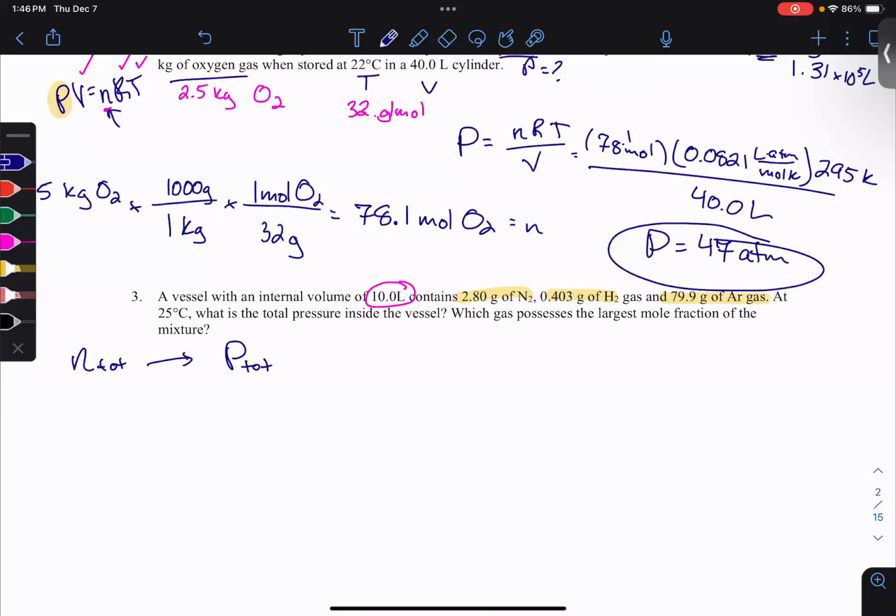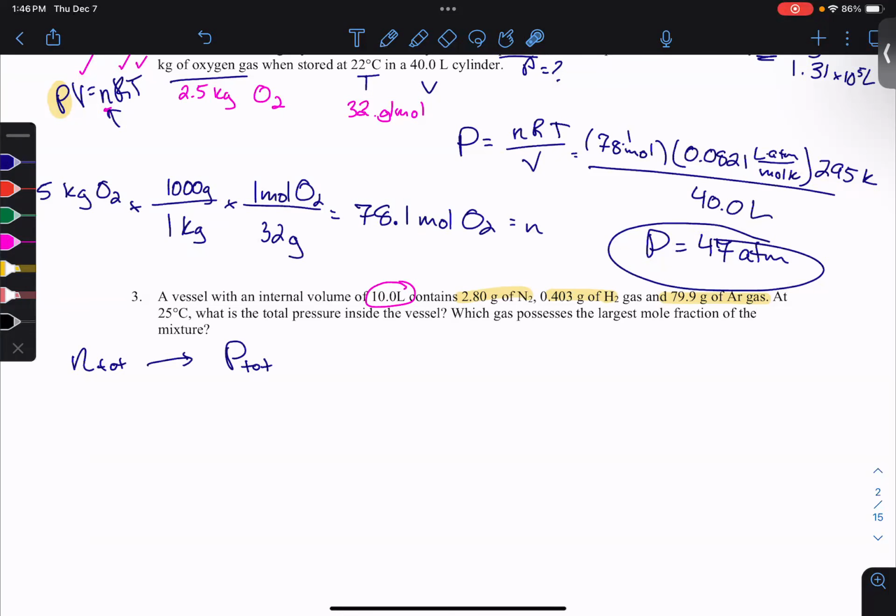And so we can think about mixtures of gases in terms of total pressure or partial pressures. Nitrogen is a component of this gas sample. That nitrogen exerts a partial pressure that contributes to the total pressure. So the cool thing about the ideal gas law is we can take moles of all of the gases to get total pressure, or we can just take the moles of one of the components to get the partial pressure of that component.